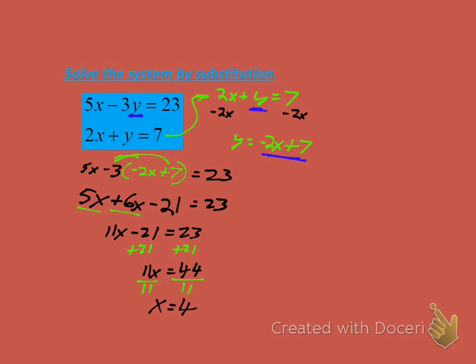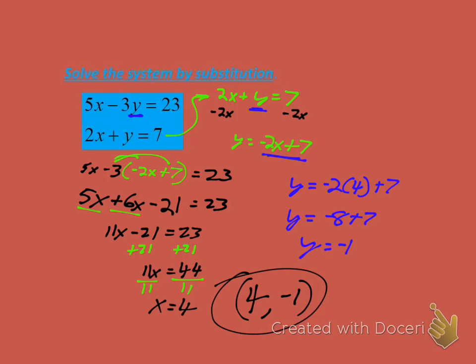So y equals -2 times 4 plus 7. So we get y equals -8 plus 7, which gives us y equals -1. And then your last step, make sure you write them as an ordered pair. So 4, -1. X first, y second.